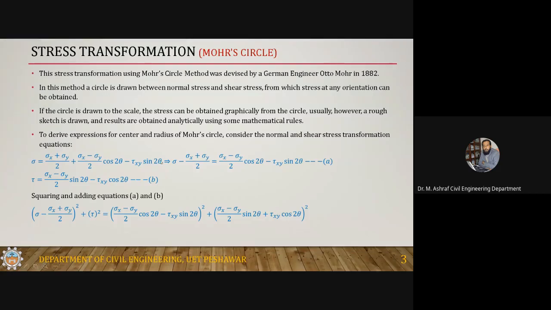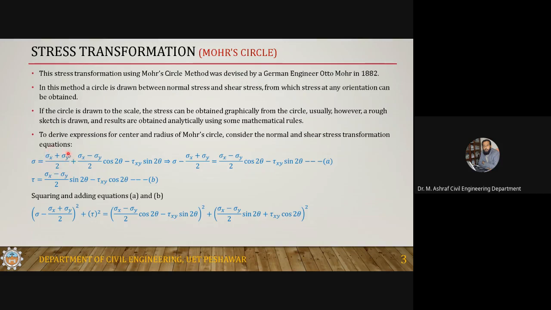So we know the stress transformation equation. This is the stress transformation equation, but I have omitted the prime from here. So this is the stress at any orientation. This sigma is the stress at any orientation. So this is sigma = (sigma x plus sigma y)/2 plus (sigma x minus sigma y)/2 cos 2 theta minus tau xy sine 2 theta.